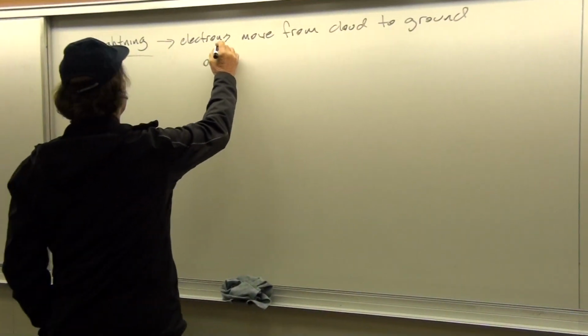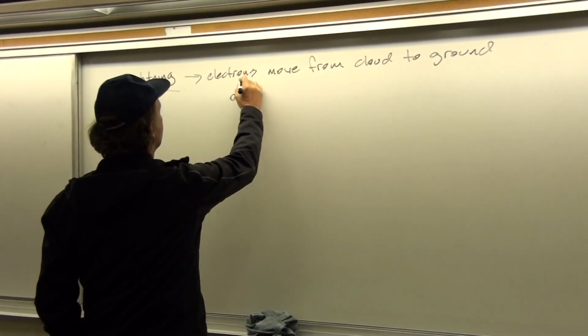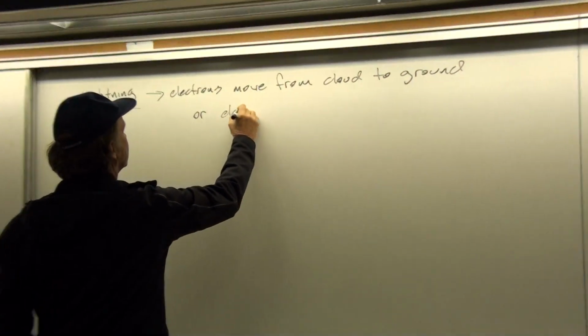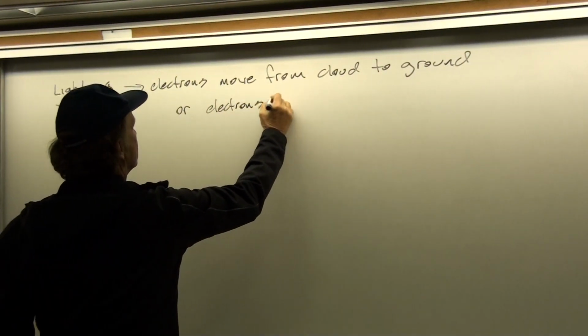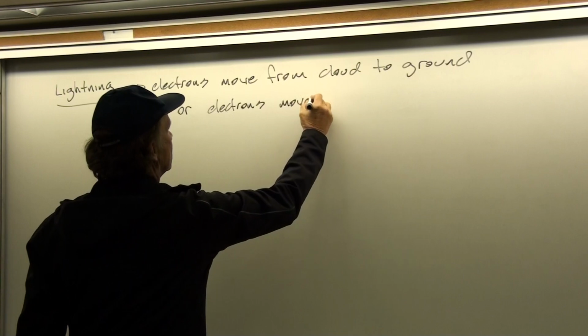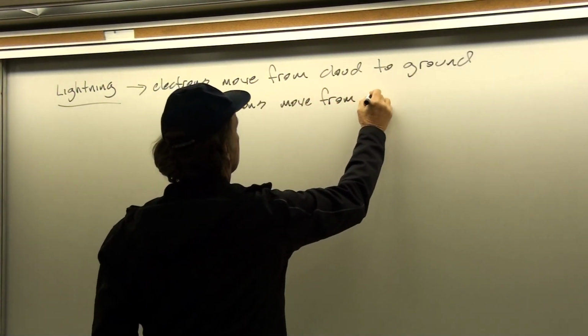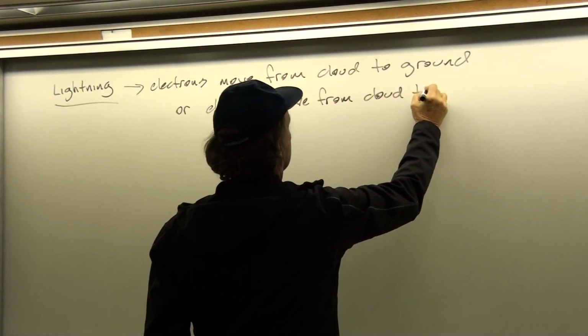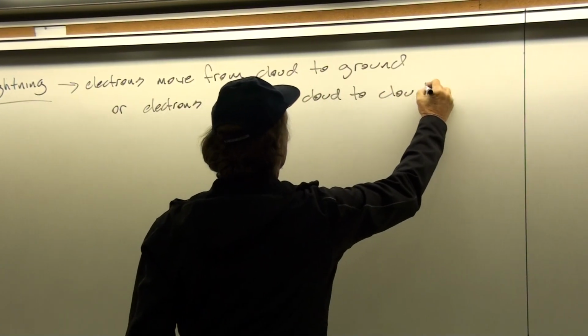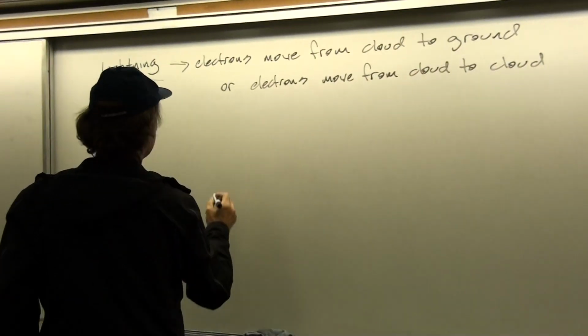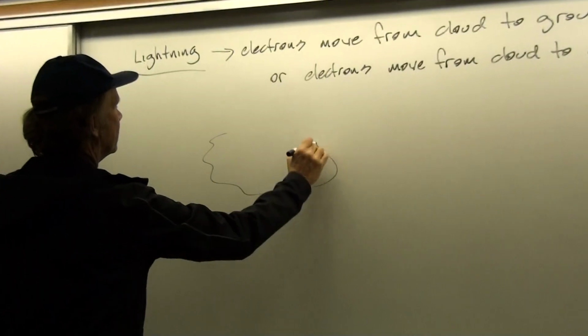So we can say then that this is another form of lightning, where the electrons move from cloud to cloud. But first we have to get a supply of electrons.